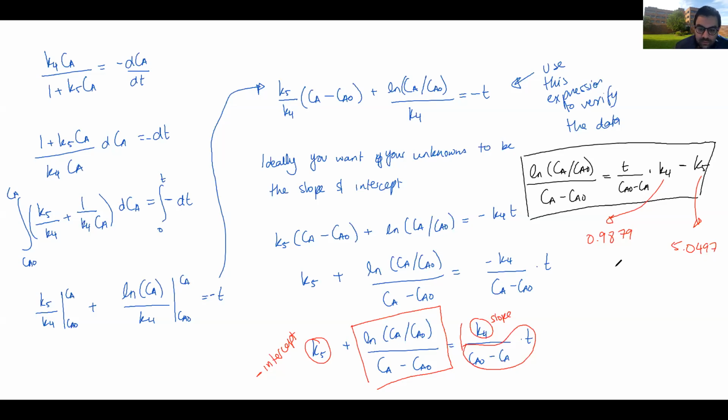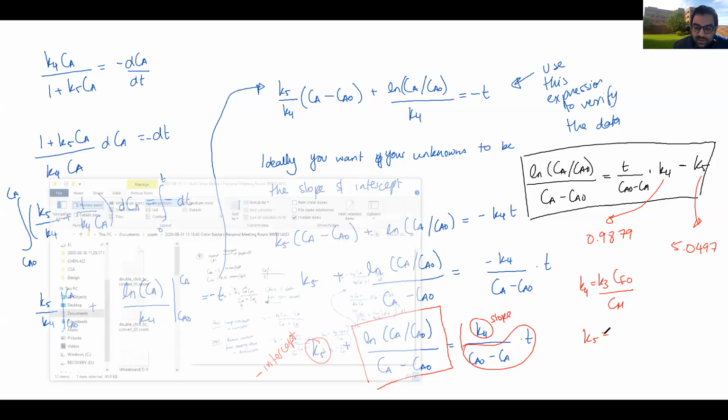So K4 will be CE0 divided by CM, and K5 will be... where's this thing at? Here it is. K5 is 1 over CM.